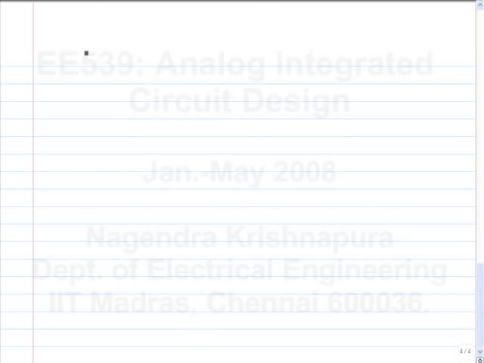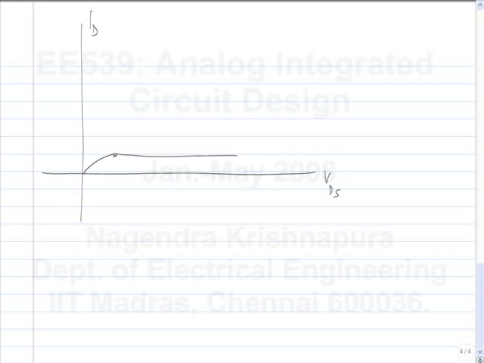So, if you look at these models and plot the familiar ID versus VDS curve, and here again I am going to plot it in strong inversion, the current will go as some inverted parabola for some time, and then after that it stays constant.